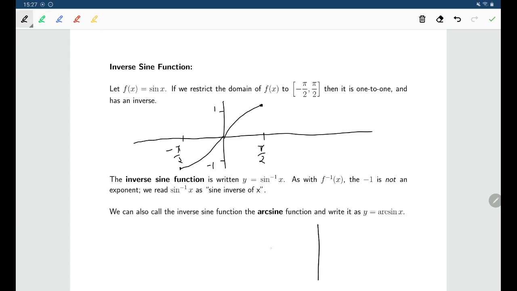So although you might be thinking, for example, about something like this that has a reference angle of 45 degrees, you might be thinking about that as being 315 degrees or 7 pi over 4. But that would not be something that's inside that domain. If you really wanted to think about that angle, you would have to think about it as being negative pi over 4, so that it would be something within that domain.